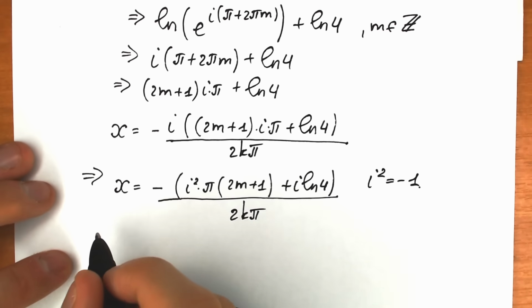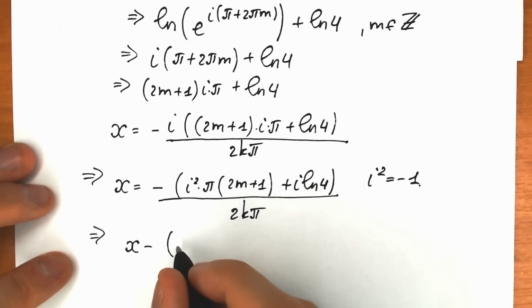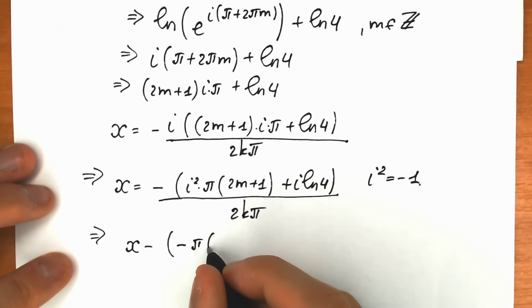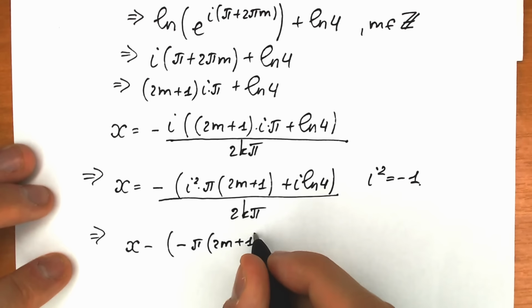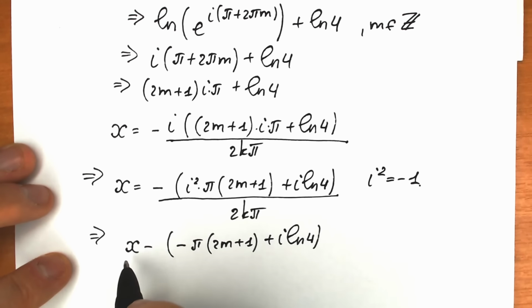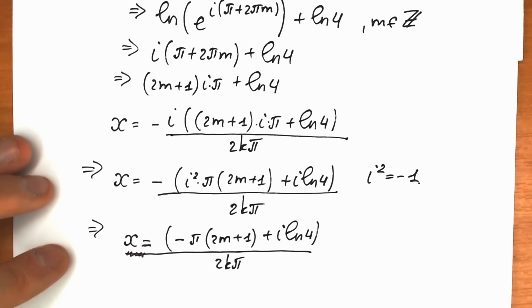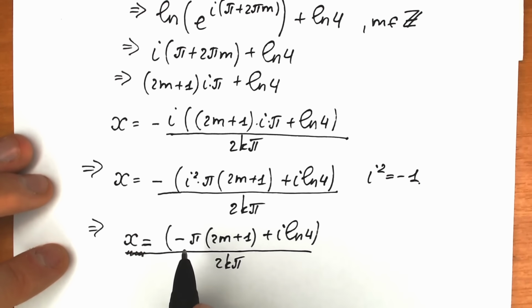So as a result, we will have x equal to minus, and inside parentheses we have minus pi times 2m plus 1 and plus i natural log 4, all over 2k pi. Right now we can easily open our parentheses.